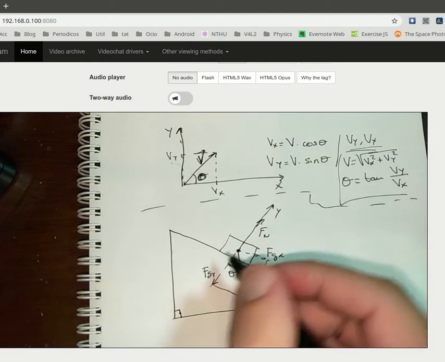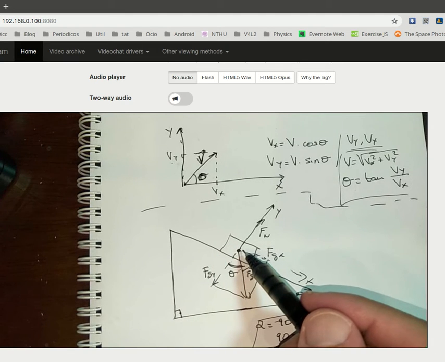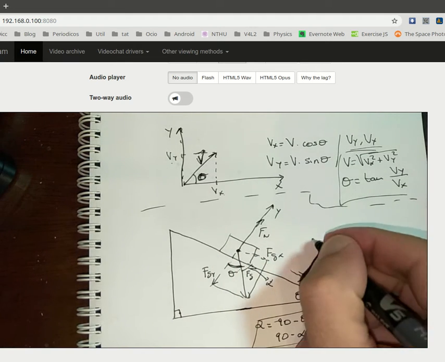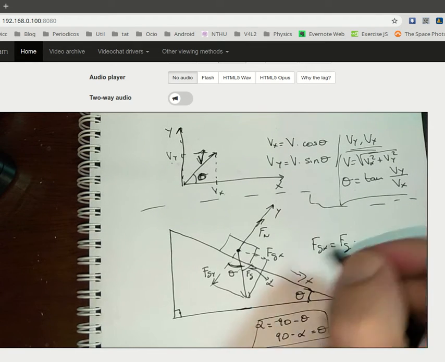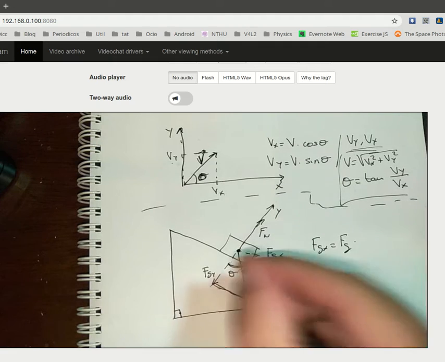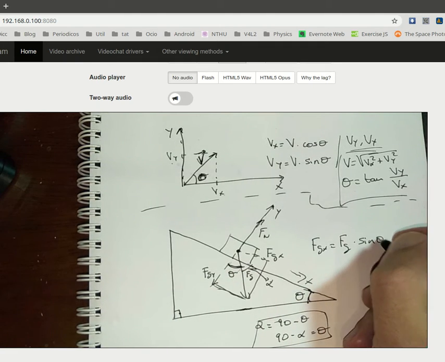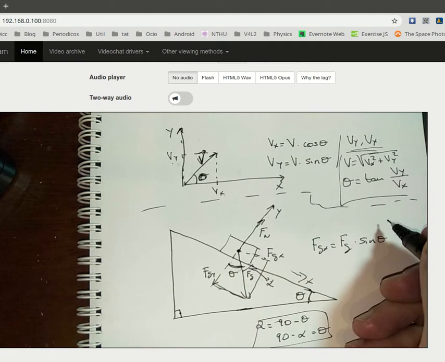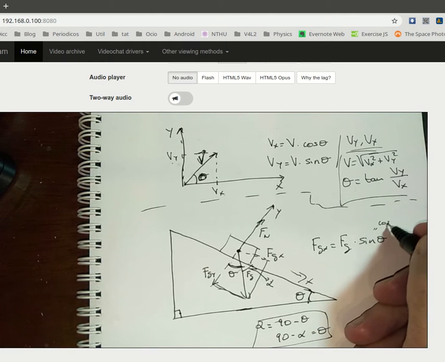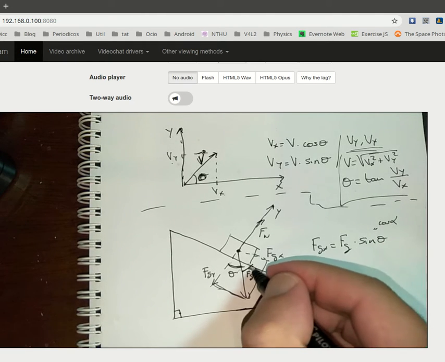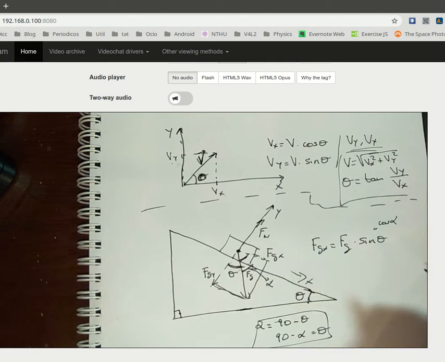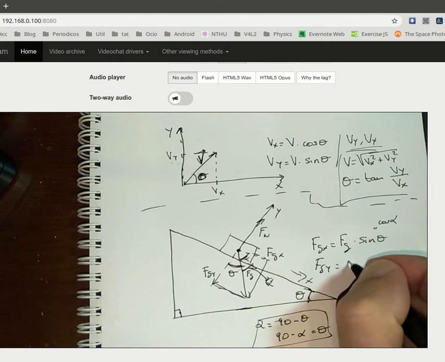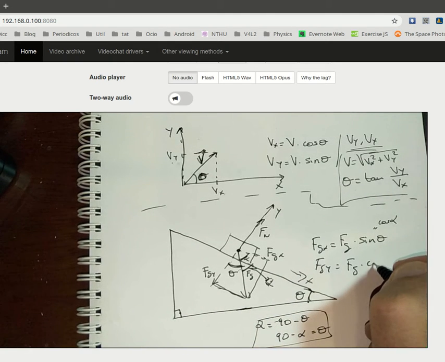Anyway, usually here we have this component. So what is this going to be? Fgx is equal to Fg sine of theta. You can also say cosine of alpha, which is this one. And Fgy equals Fg cosine of theta.